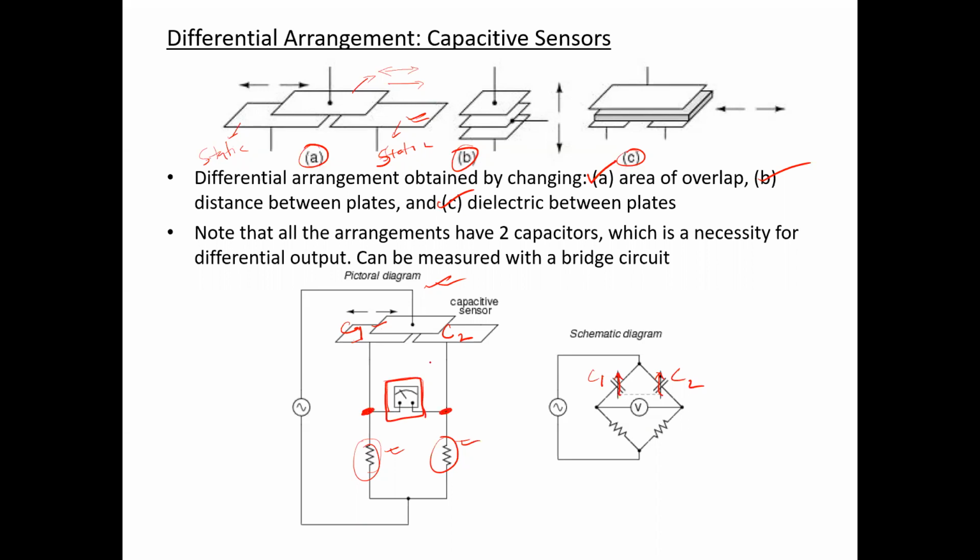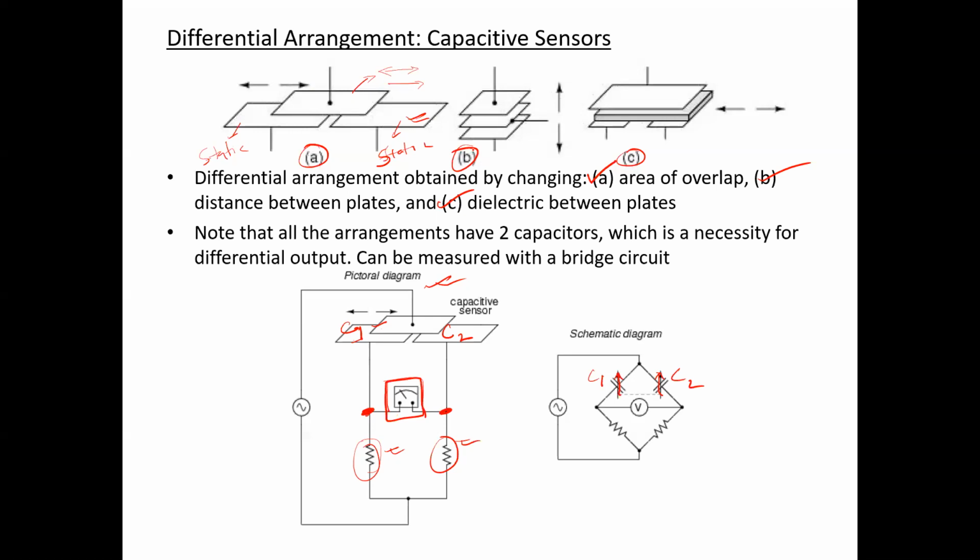If a voltmeter is used, the change due to a particular displacement of the upper plate can be predicted in terms of the change in voltage. So here as well, the displacement is converted into change in capacitance, and later, using this arrangement, the change in capacitance is taken with respect to the change in voltage.